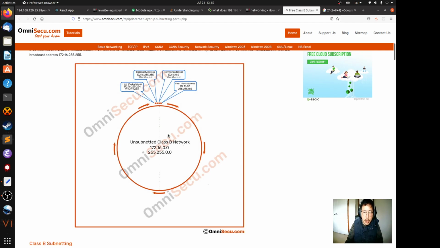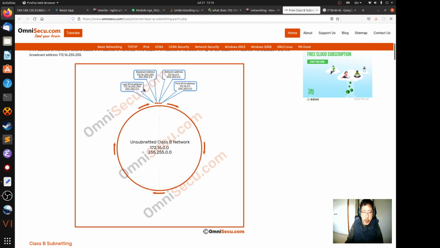So this is Class B, an unsubnetted Class B network. Can you guess the default subnet mask? It should be 255.255.0.0, right? From the third octet, we're going to borrow bits to assign to different networks. Same thing, just the default subnet mask changed.